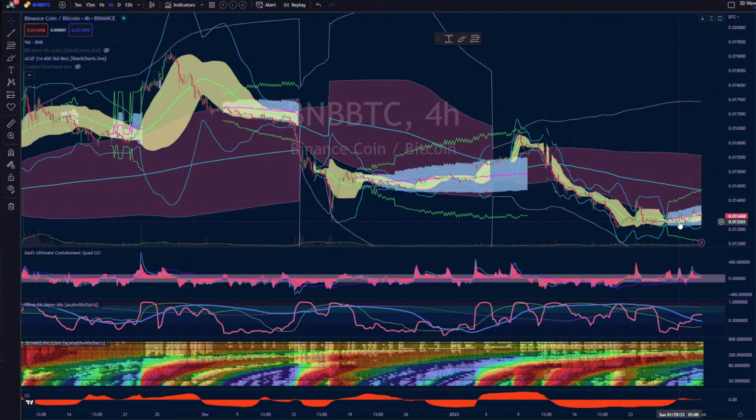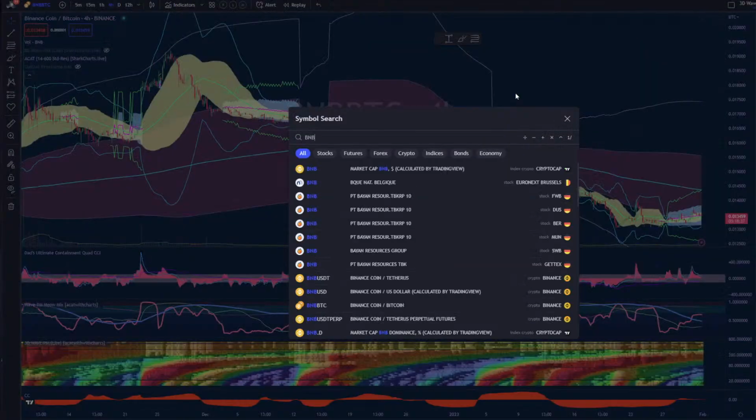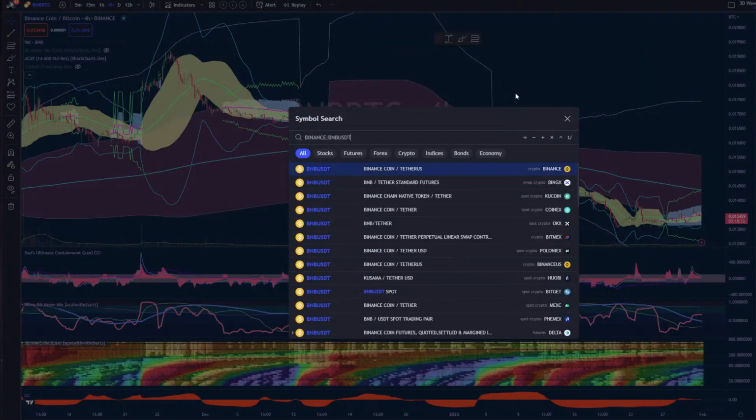So Bitcoin or BNB here, it does have the active bullish mean reversion, which would coincide with Bitcoin's current direction. So you have an active bullish mean reversion on the Bitcoin pairing, while Bitcoin itself is in an upward trend. It's a very strong position you can take. BNB USDT.